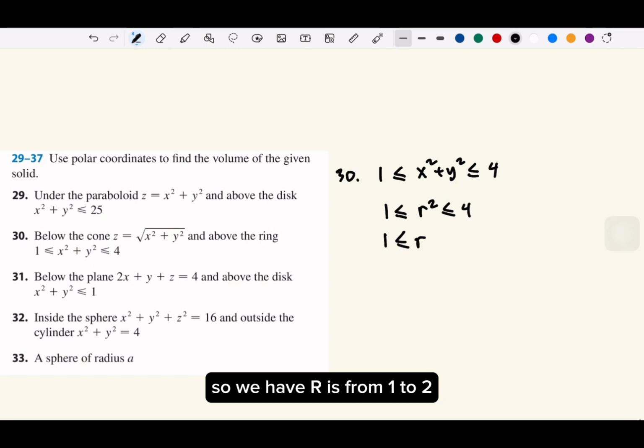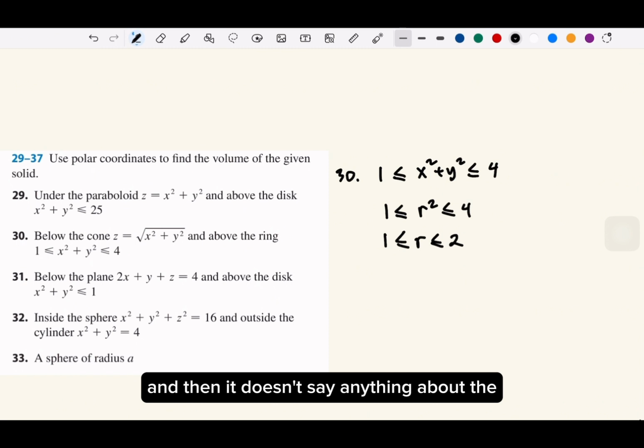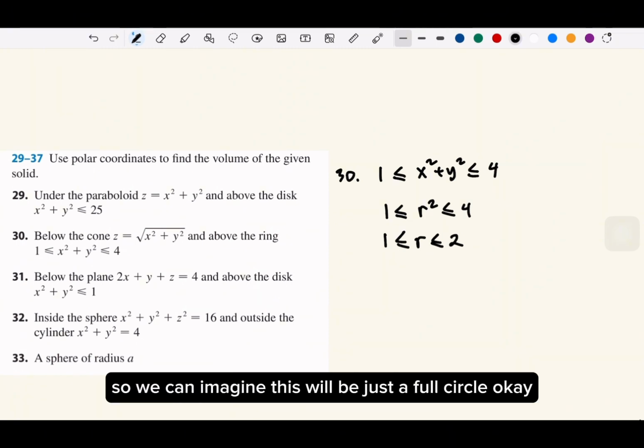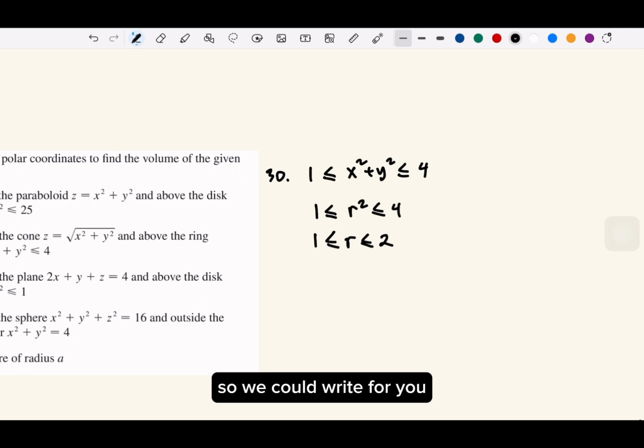So we have r from 1 to 2. And it doesn't say anything about a restriction on the angle, so we can imagine it will be just a full circle. So we could write the volume.